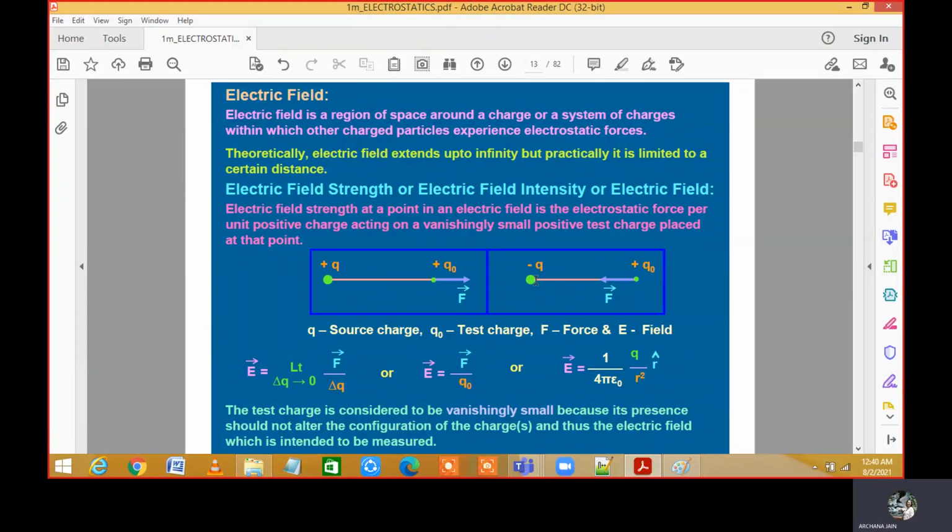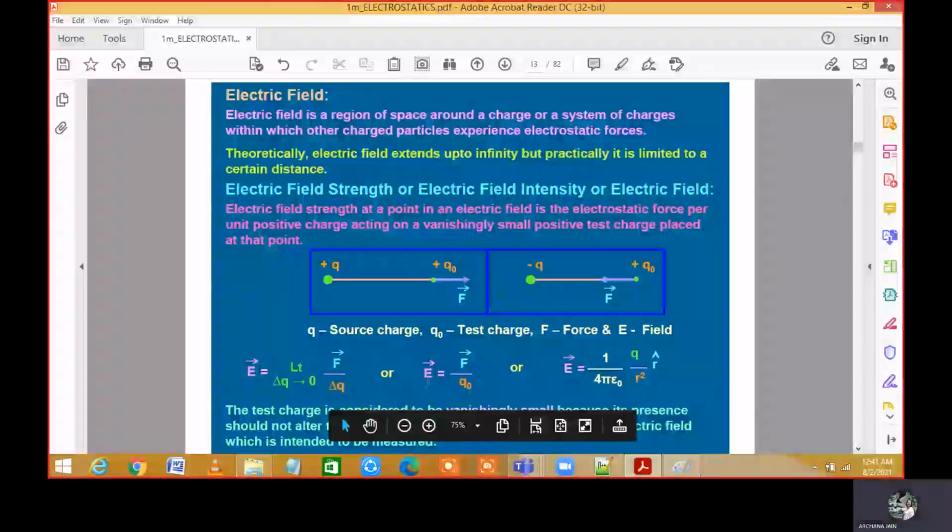Now we want to calculate the electric field of source charge. That's why we have to take test charge very small or neglected. Therefore, the value of the electric field is E is equal to limit delta Q tends to 0 F upon delta Q. Or we can write E is equal to F upon Q naught.